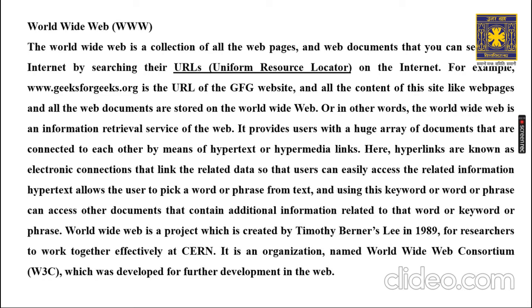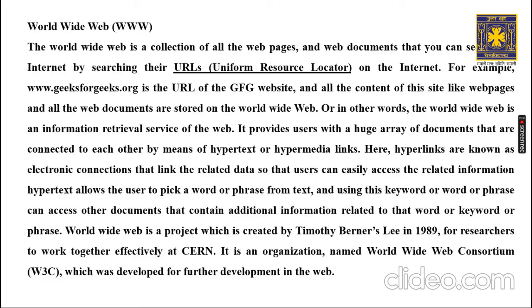Hyperlinks are known as electronic connections that link the related data so that users can easily access the related information. Hypertext allows the user to pick up a word or phrase from the text, and using this keyword or phrase can access other documents that contain additional information related to that word.